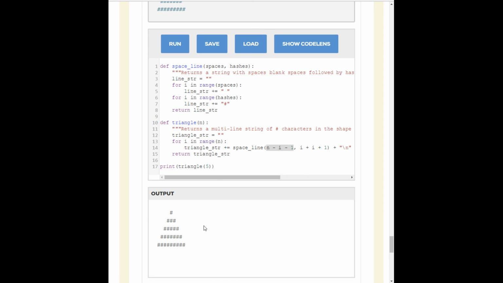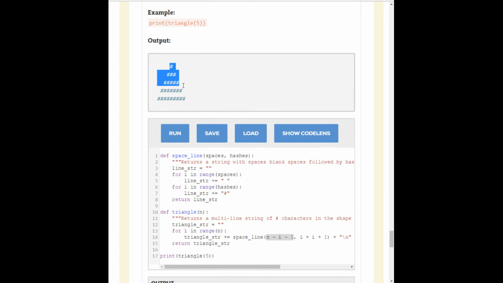But really, if you watched what I did here, all you need to do is sit down with an example and run through and ask yourself, what are the patterns that I'm seeing? How many spaces did each line need? How many hashes did each line need? How can I make that into a mathematical expression? So it's not easy, right? But I believe in you guys and I believe you can do it. So give it a shot.